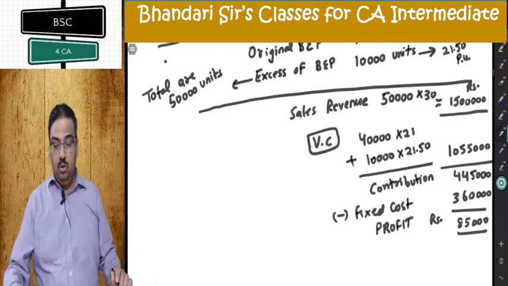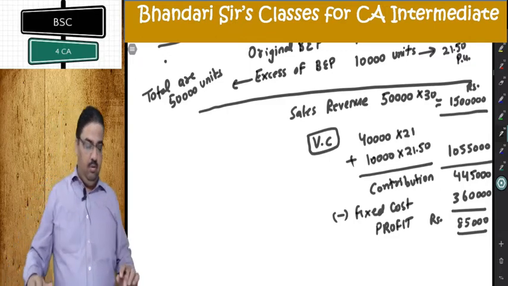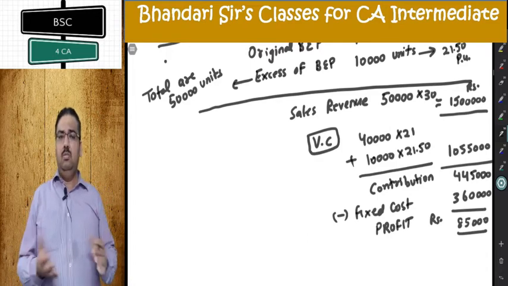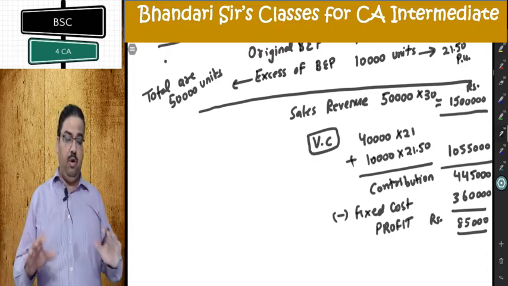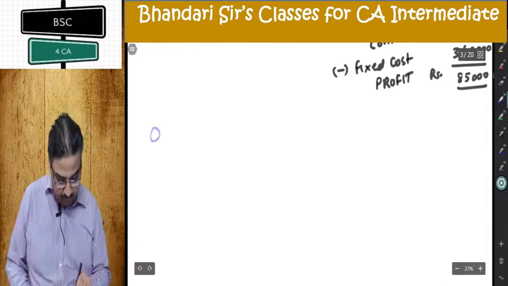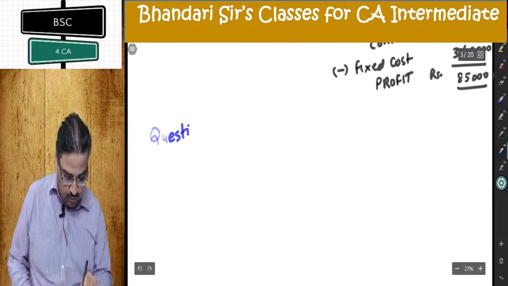Next, question A3. A3 is another very simple question, basic question having many parts, but nothing difficult. Very straightforward type of things. So looking at question A3.